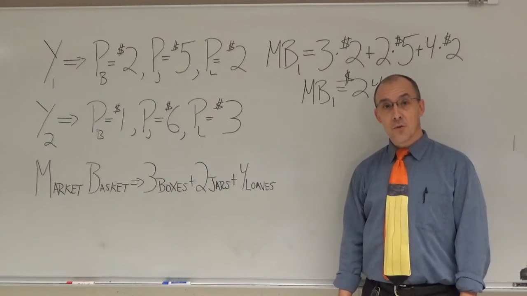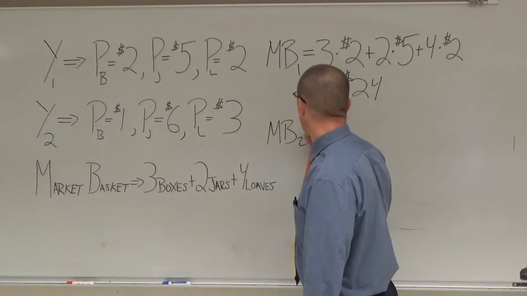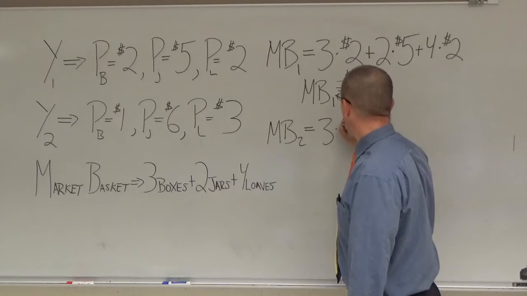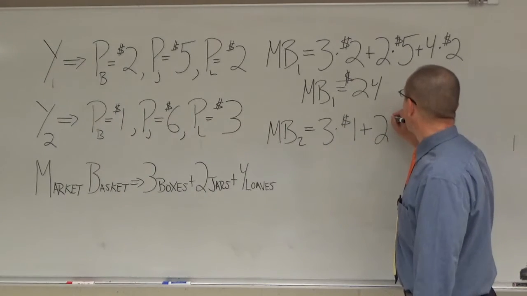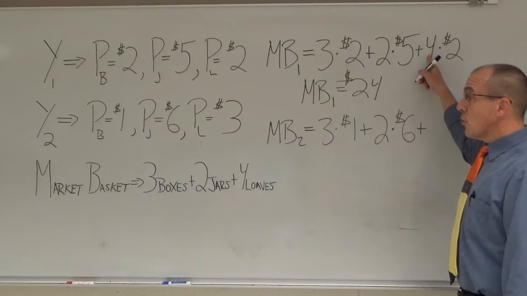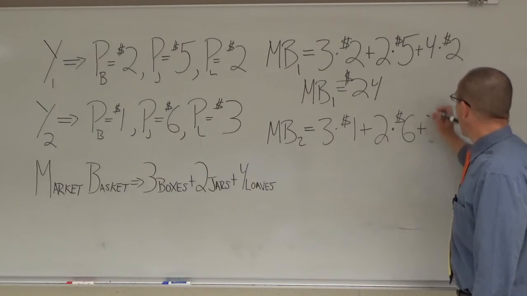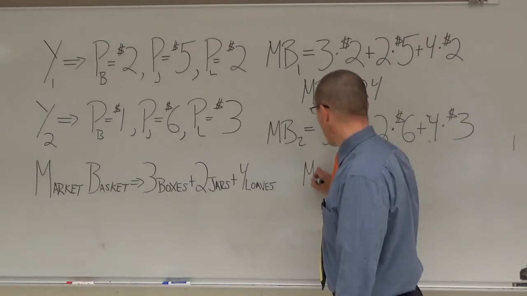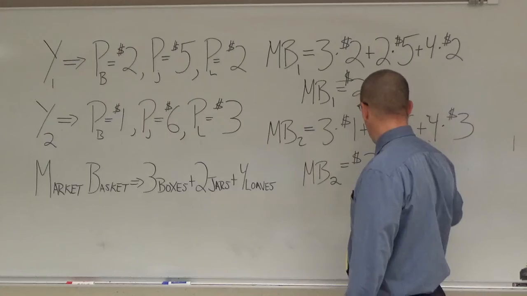What about the market basket for year two? Well, I'll repeat the process again. The market basket for year two would be 3 times, but in this case it's $1, plus 2 jars at $6 a pop, plus 4 loaves of bread at $3 a pop, which means that my market basket for year two is going to be $27.